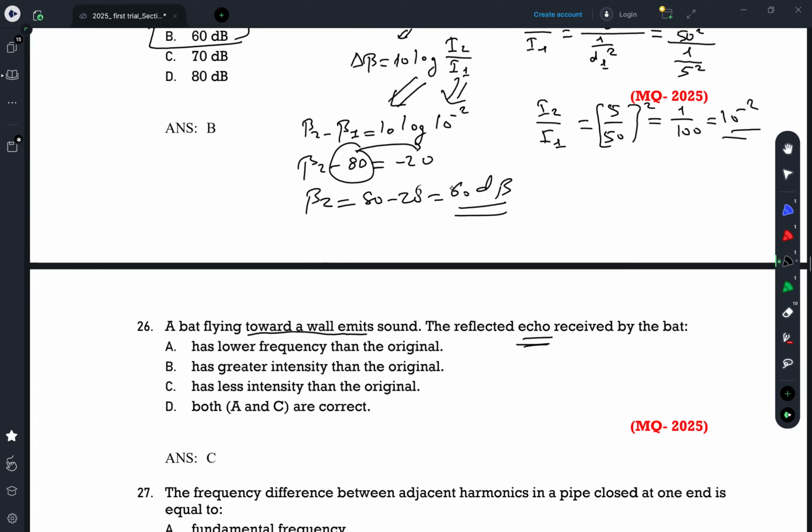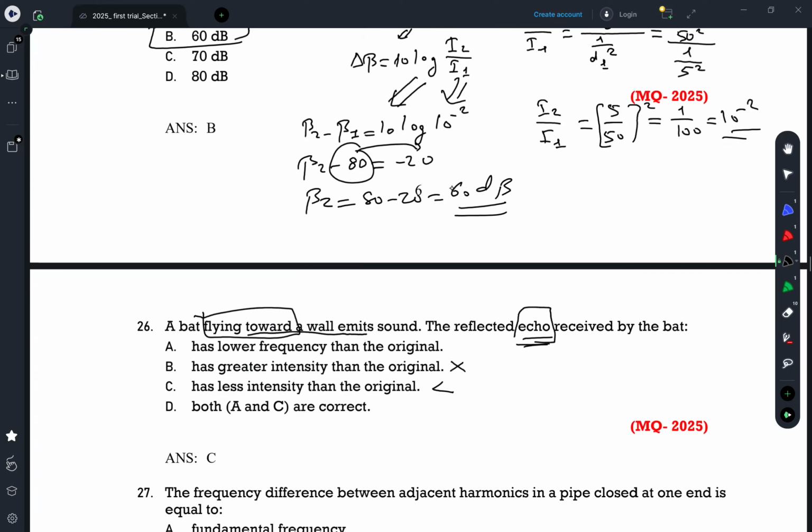Is the reflected echo received by the bat always less intense than the original sound? Yes, because as sound expands, intensity decreases. The area of the sphere is increasing, so the same energy is distributed over a larger area. The bat's speed is so small compared to the speed of sound, so intensity quickly decreases as it travels. So greater intensity than the original is impossible; less intensity is correct.